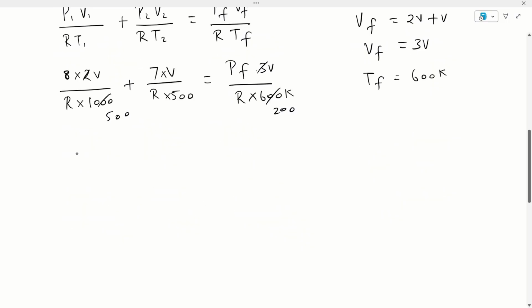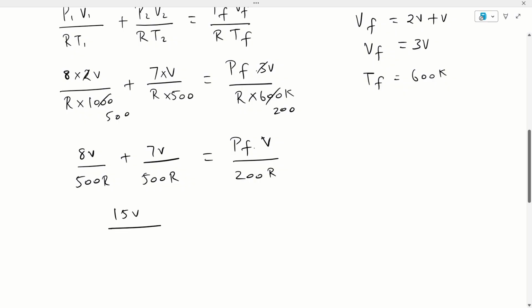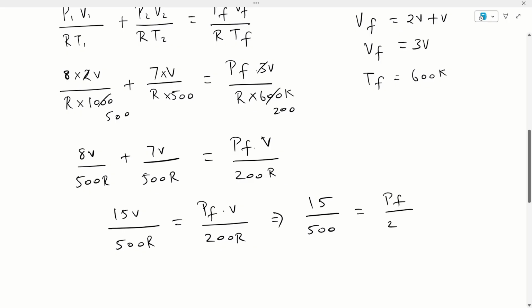Let's further simplify this equation. 8V by 500 R plus 7V by 500 R, which is equal to PF into V by 200 R. Again, 15V by 500 R is equal to PF into V divided by 200 R. So on either side, V and R get cancelled. The remaining terms will be 15 by 500 is equal to PF by 200.